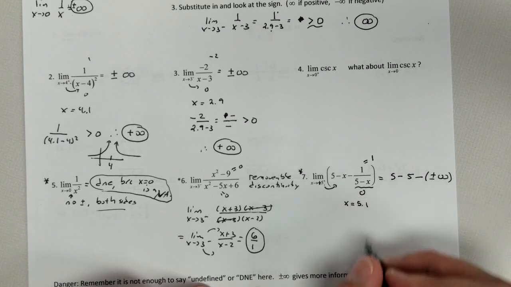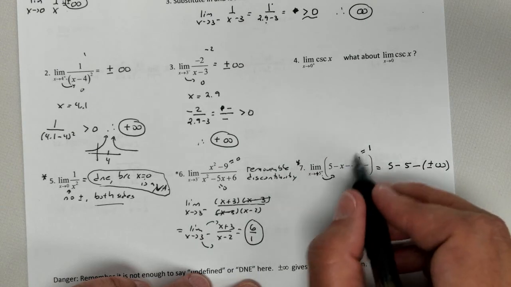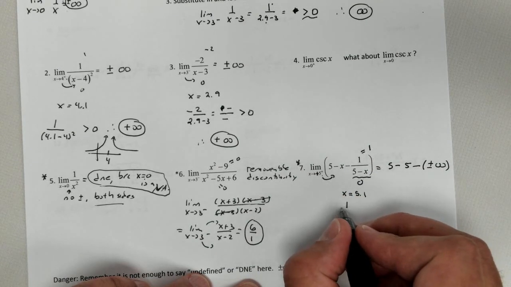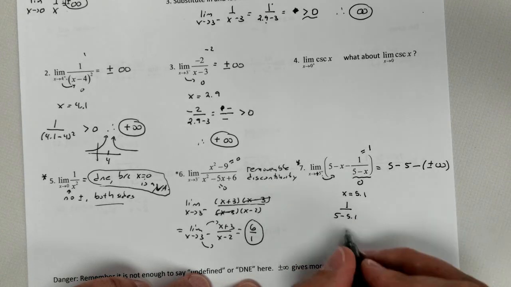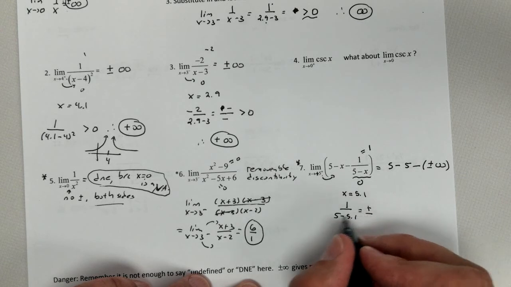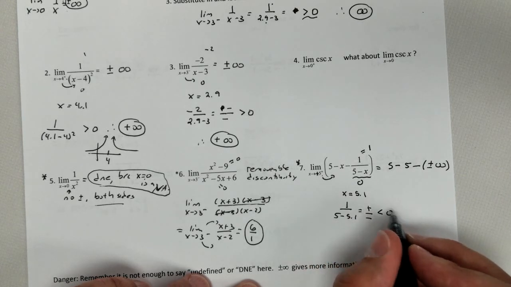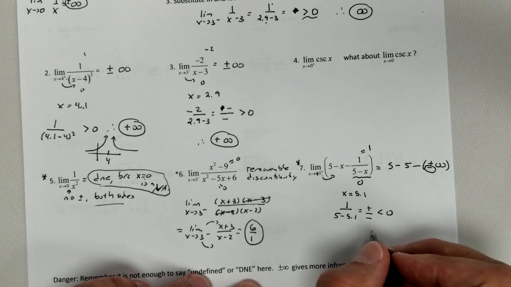I'll pick 5.1. And plugging it in, I don't worry about these two. I just worry about the little fractional part. I would get 1 over 5 minus 5.1. Now, it's not much, but the top is going to be positive, but the bottom now is negative, so that's less than 0. So we're going to pick the negative infinity here.